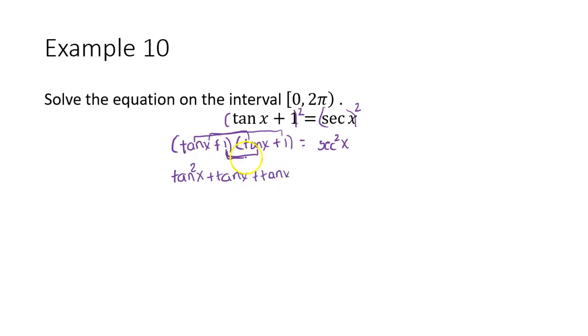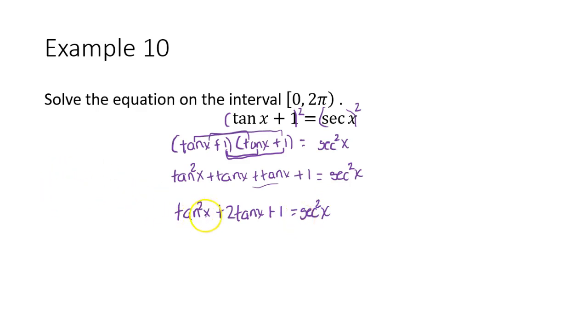And then 1 times 1 is going to give me a positive 1 here. We have a secant squared of x. I'm going to add like terms over here. We have tangent squared of x plus 2 of these tangent x's plus 1 equal to the secant squared.